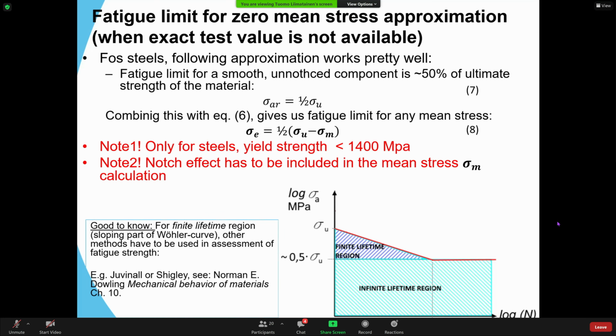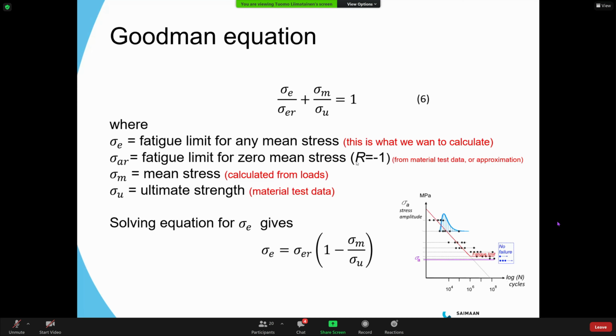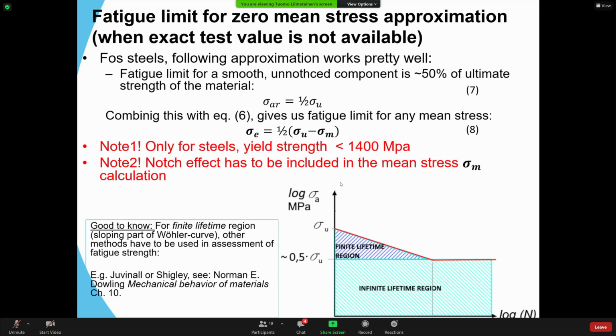But now, initially we had a question about how we can know the material fatigue limit for zero mean stress. For certain materials, we can find the data, but there are numerous materials for which we might not get the data. And then we can use this approximation, because for steels, this approximation works quite well. The fatigue limit for a smooth unnotched component is 50% of the ultimate strength of the material.